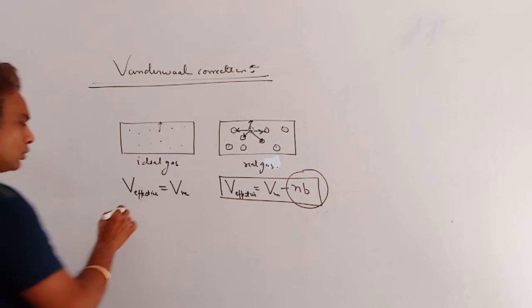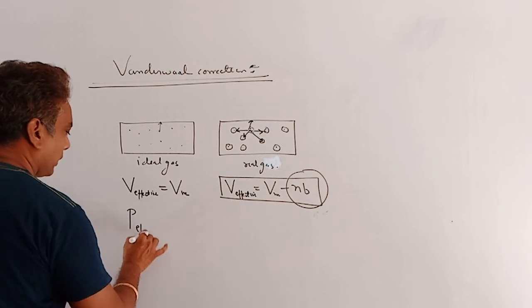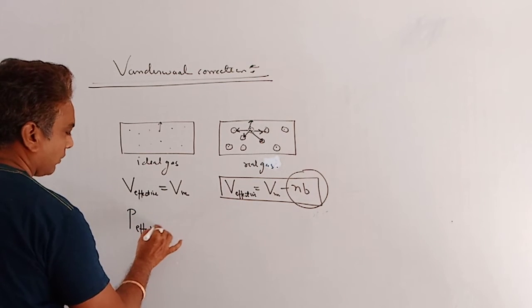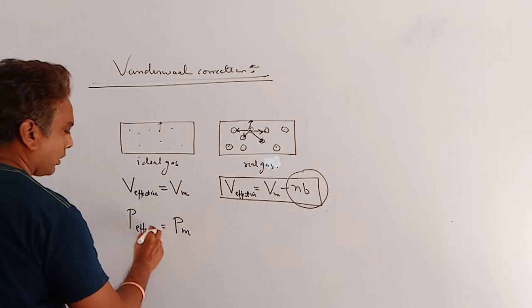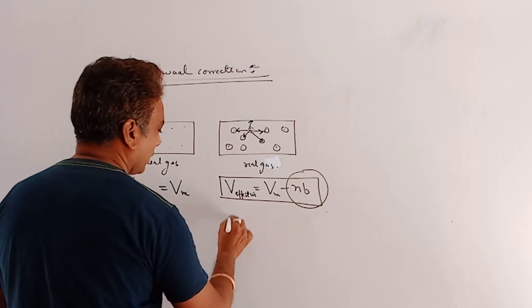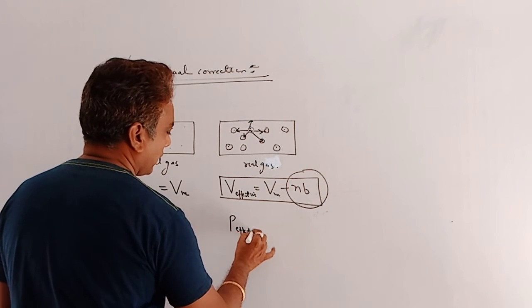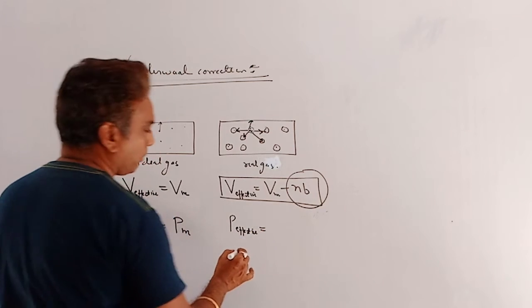So in case of ideal gas, P effective is equal to P measured. Clear? But in case of real gas, the P effective is less as compared to P measured.